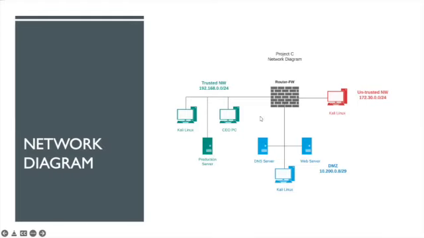Another network is the untrusted network, the Kali untrusted network, which IP address is 172.30.0.0.